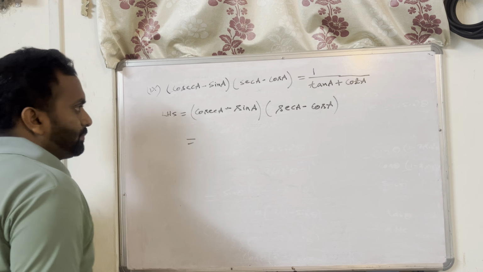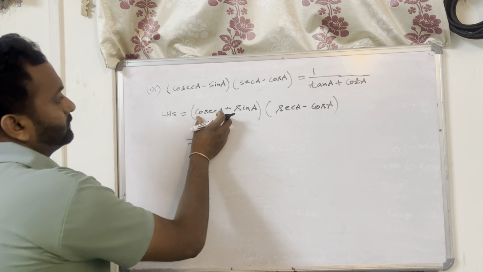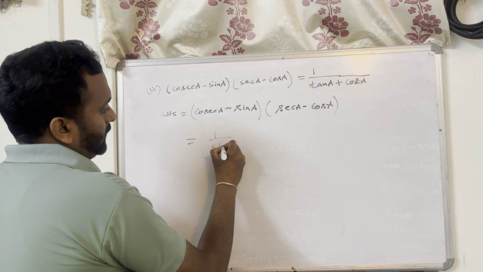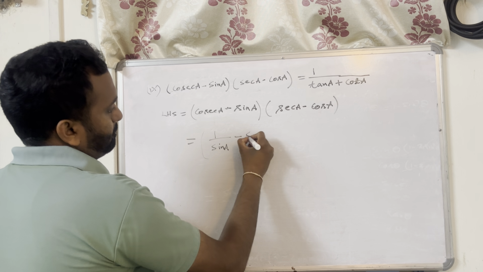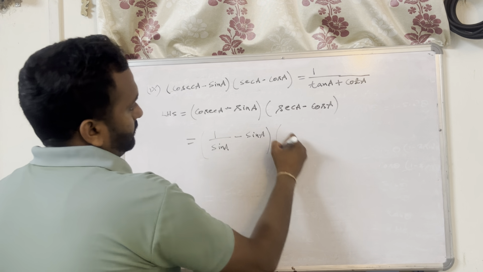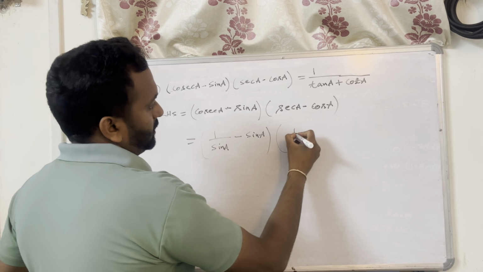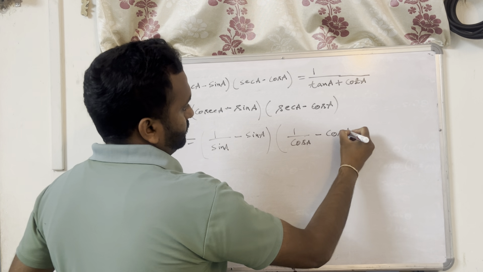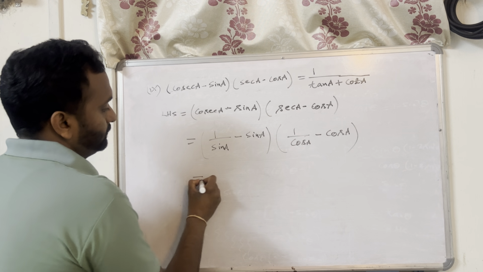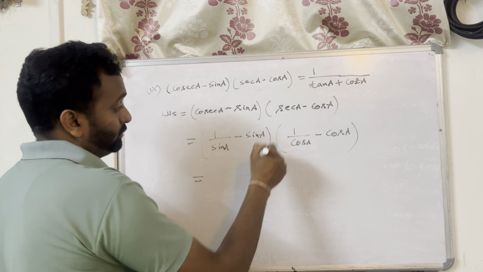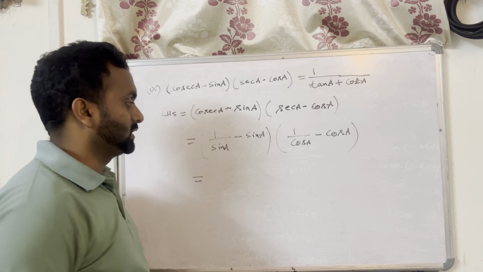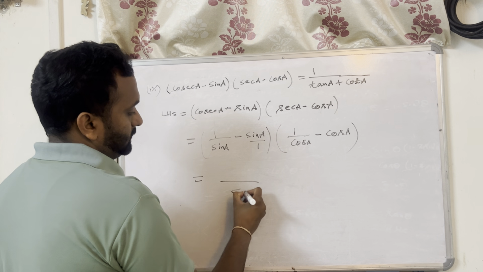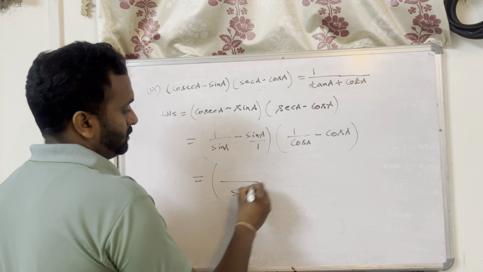So we know that cosec A is nothing but 1 by sin A, and we also know that sec A is nothing but 1 by cos A. Here we are doing fraction subtraction, so the LCM of sin and 1 is sin A, yes or no?